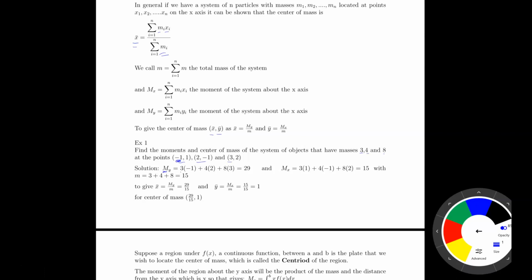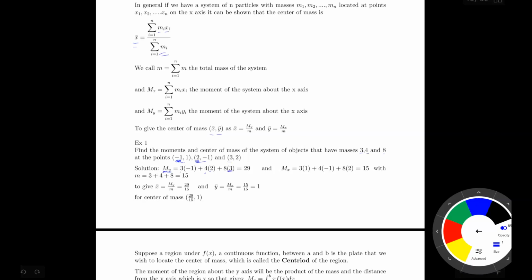The next mass, the 4, times its distance from the y-axis, which would be 2. And then the mass of 8 times its x distance of 3.